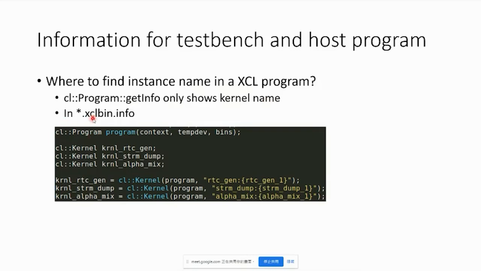The answer is you can find the instance name in this file called xclbin info, and here is the top label, the application name. So you know what you should fill in as the instance name here to initialize a kernel handle.